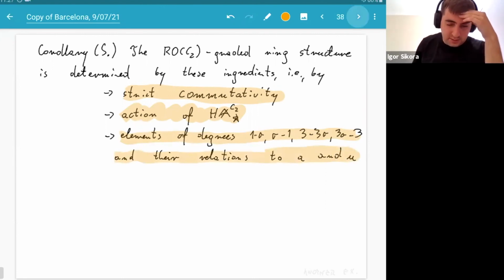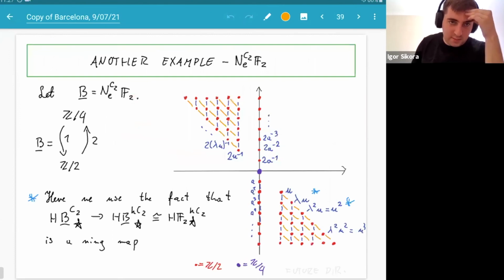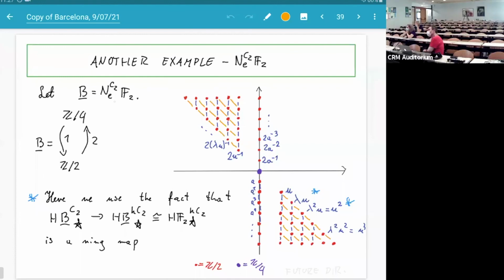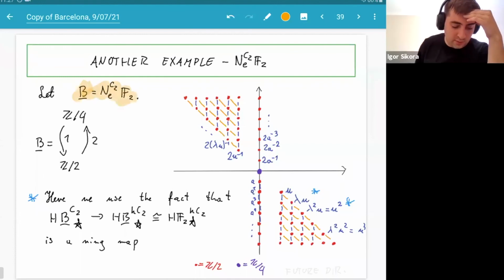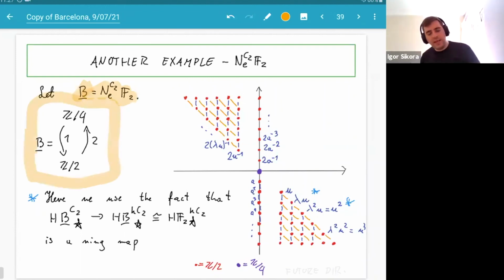Another example, which is somehow a weird example, is the norm of F2. So let B be this norm of F2. This is a Mackey functor which looks like this. It has Z mod 2 on the bottom level and Z mod 4 on the top level.